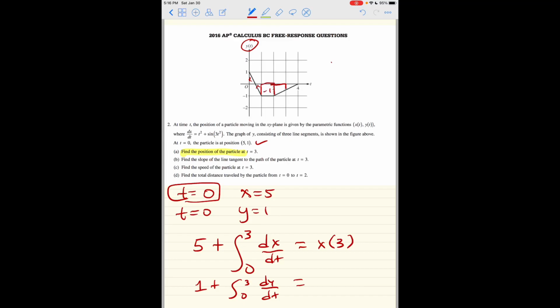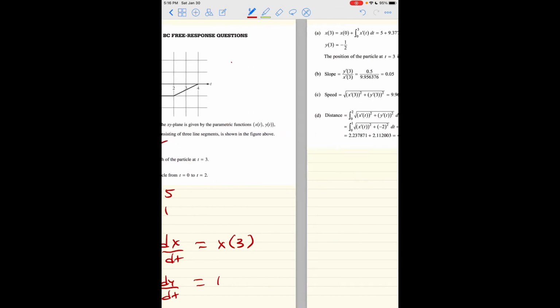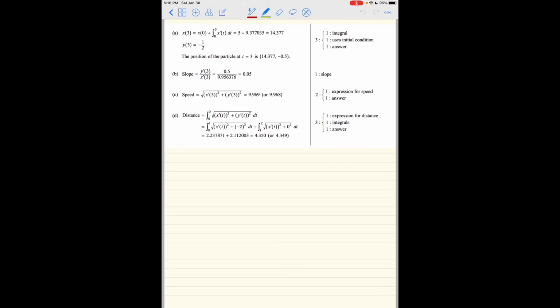So that's negative 1, and then this is 1 by 2, and 1 by 2 divided by 2 is a negative 1 also. So together that makes negative 2. So you're going to get 1, negative 2. I may have messed up something there, but basically you're going to have to integrate and find the area from 0 to 3. I think that's probably going to be 1.5, something like that.